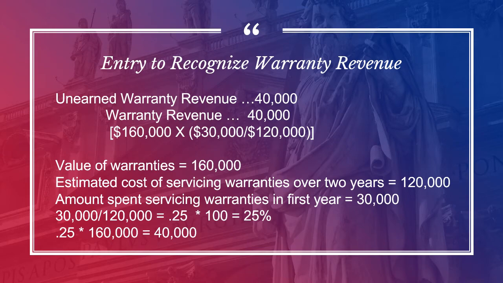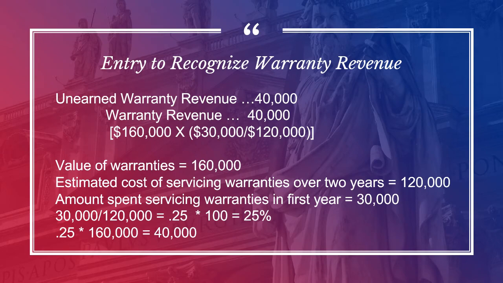The reason you have to do this is because the value of warranties is $160,000. The cost of servicing them is $120,000, and the cost the company actually spent on the warranties was $30,000. So 30,000 divided by $120,000 means proportionately 25% of the warranty cost has been used by the company. Therefore, the company can recognize 25% of the warranty's value.